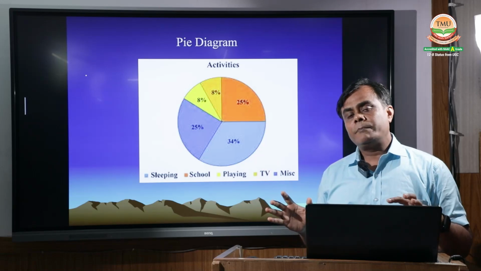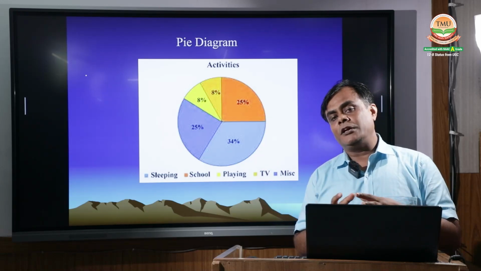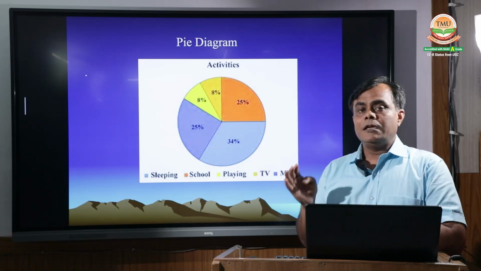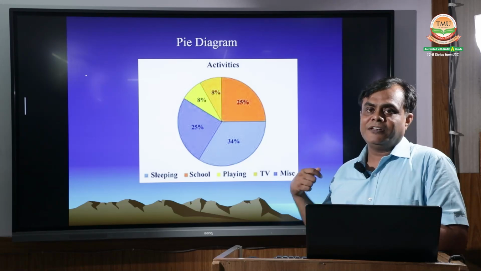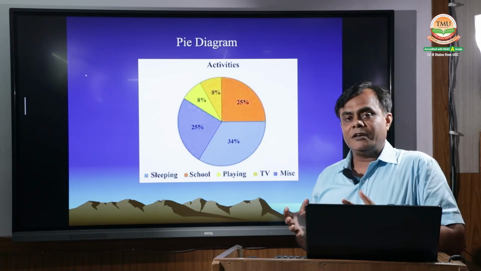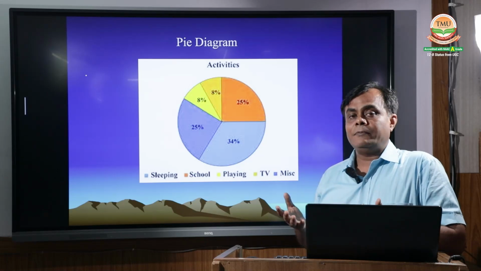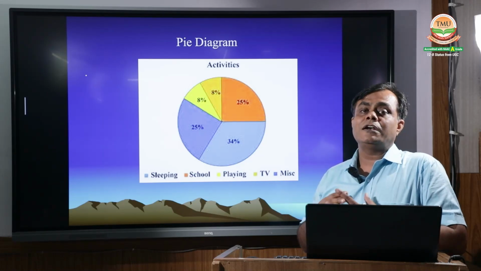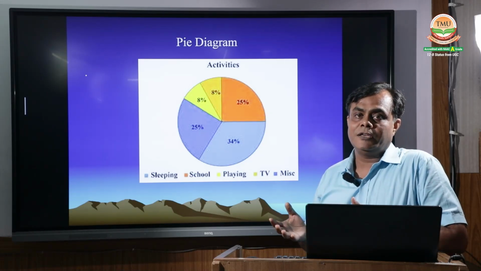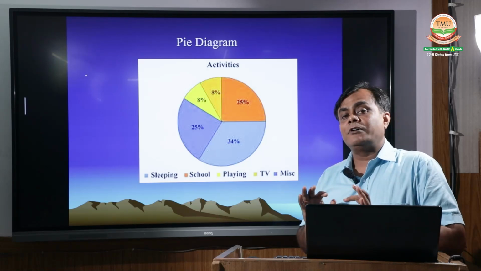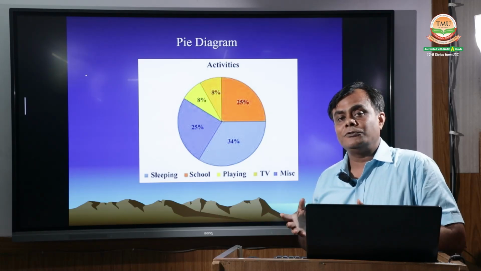See how the pie diagram presents your information in a very easy manner. If you write that information in a textual manner, the reader has to read so much lengthy text, and after reading, sometimes they are not able to understand what you actually want to say or what you want to write.